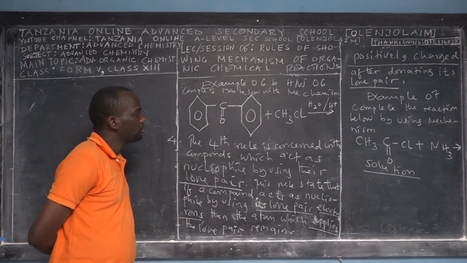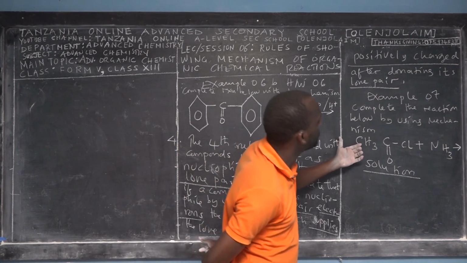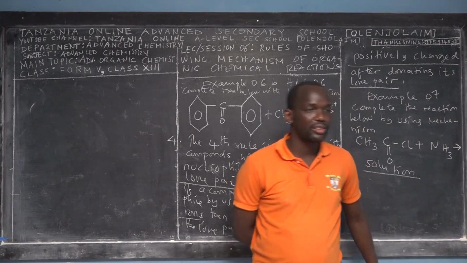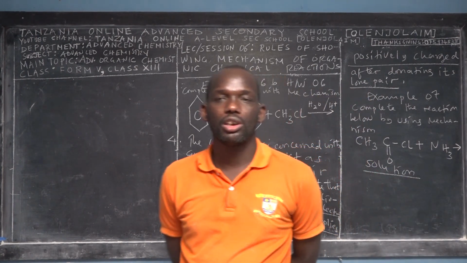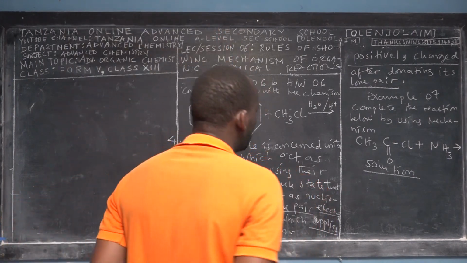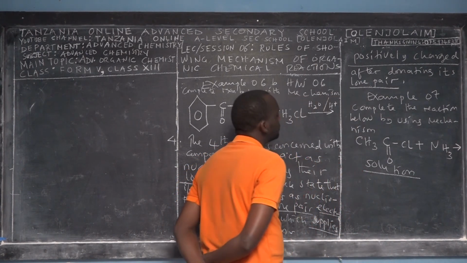Okay, solution. You have a certain organic compound which contains 2 carbons, 1 oxygen and 1 chlorine, reacting with ammonia. Ammonia is an inorganic compound, right? So what's going on here? Listen.